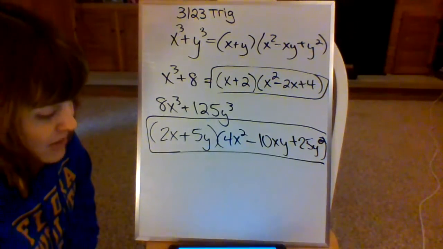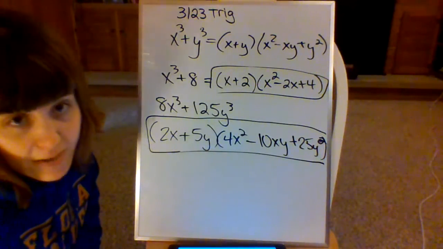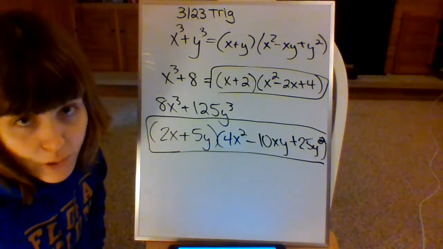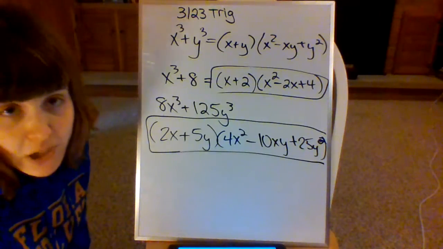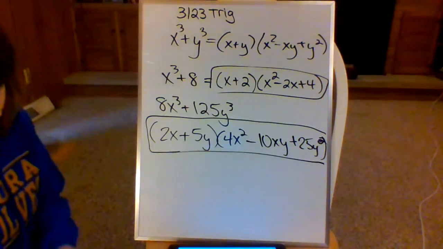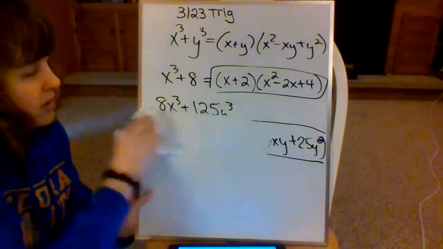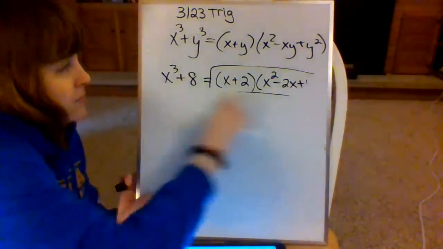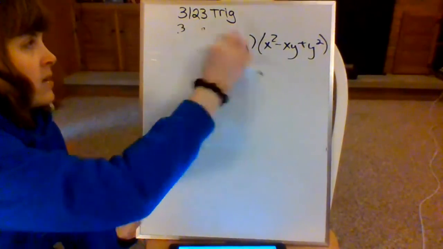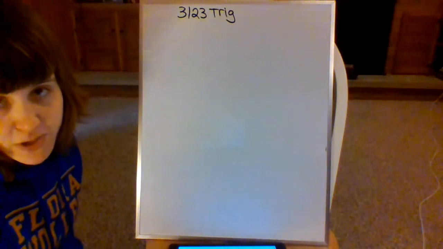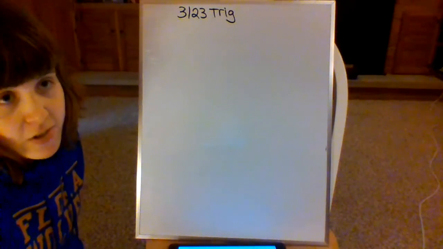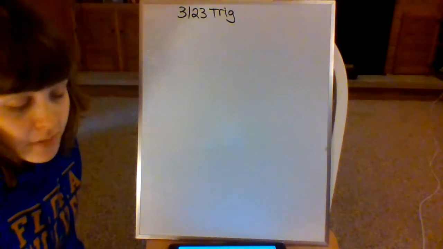Lastly, we're going to talk about difference of two cubes, and then you'll have a review Google form to fill out. So you will have all of these different concepts on your Google form. Alright, so difference of two cubes is very similar to sum of two cubes, except there's a minus in between the terms.